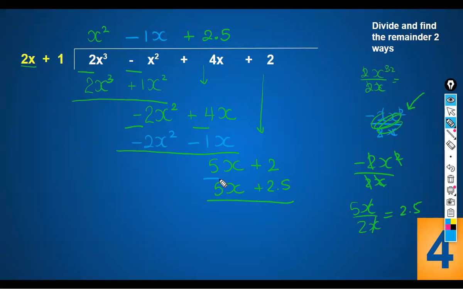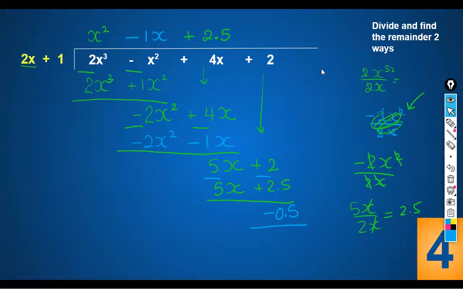Put your minus signs in between. 5x minus 5x is 0, but 2 minus 2.5, I get my final remainder as minus a half, minus 0.5. Anybody can agree with me on that? Justine, right? You have that.